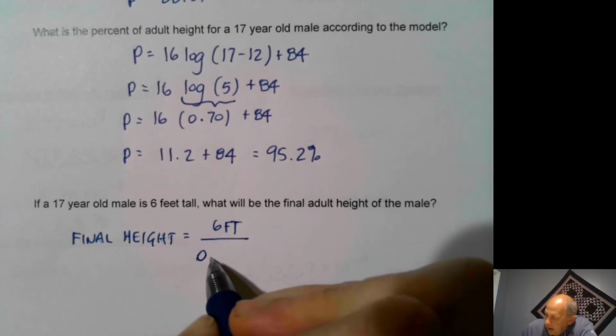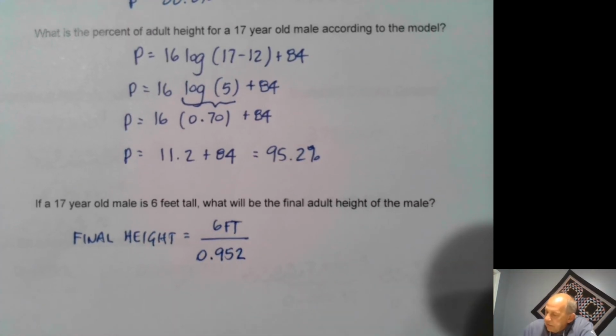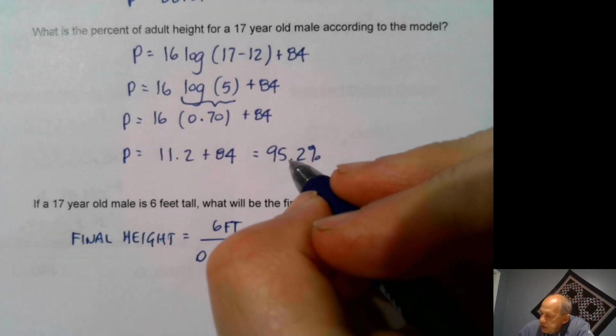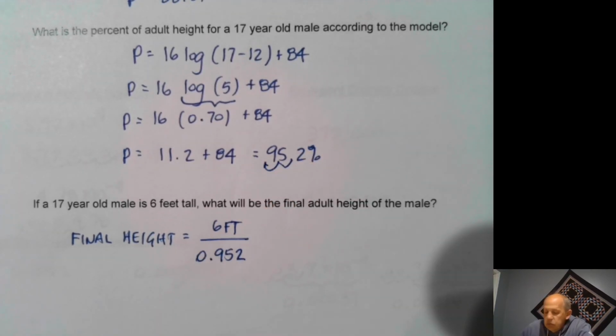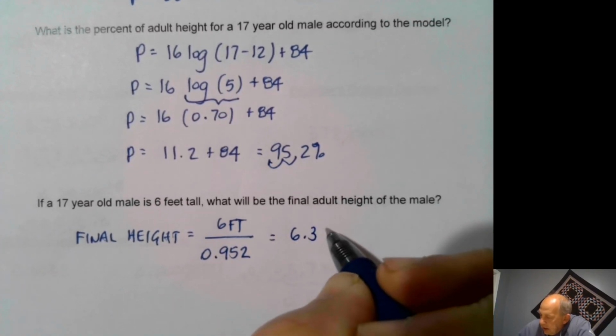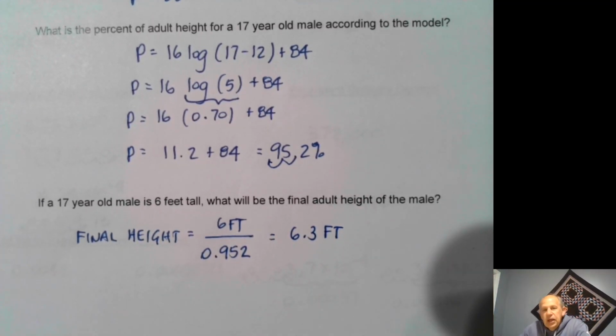I'm going to divide that by 0.952. That comes from 95.2%. I move that over to a decimal for a 17-year-old. I divide those two together. I would get that the 17-year-old as an adult is 6.3 feet tall using that model.